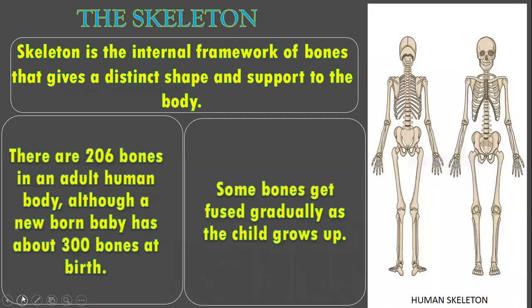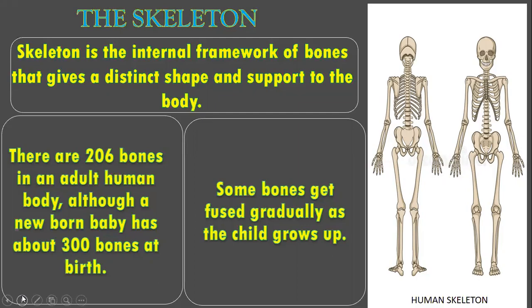Now, the skeleton. You can see the human skeleton in this figure. What is a skeleton? Skeleton is the internal framework of bones that gives a distinct shape and support to the body.